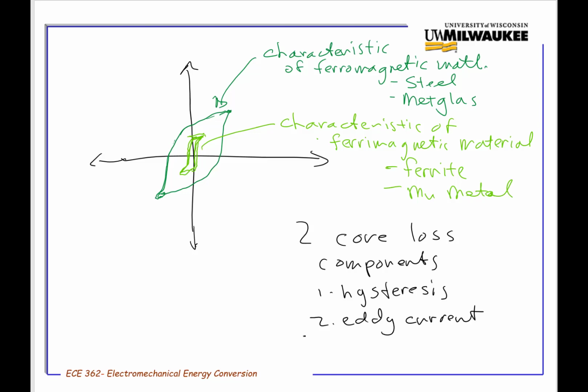Now what eddy current does, to think of this in terms of these green curves that we're talking about, is that the eddy current widens the curves. That's what its impact is. It increases the amount of energy.